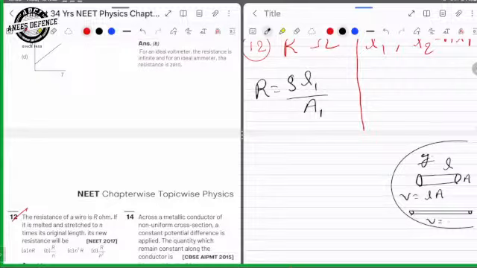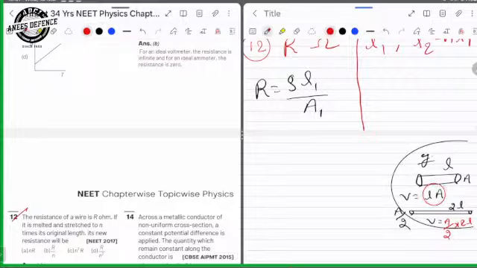Volume is equal to L into A. Your length is double, so area becomes half, so that volume remains constant. So area is A by 2, and when you take the product of A by 2 with length 2L, the 2 cancels. Again you are getting same volume.